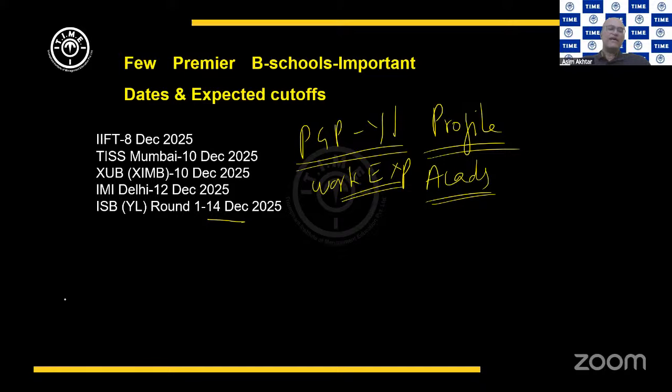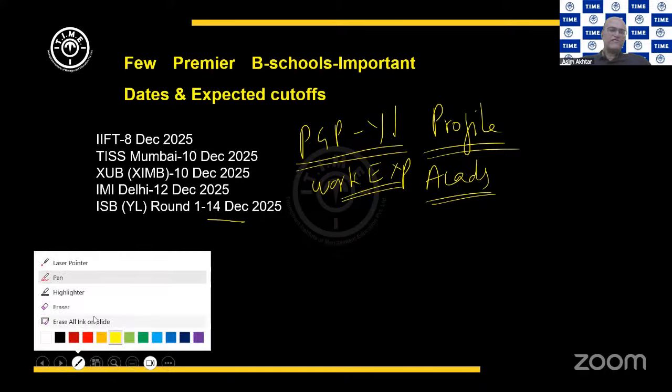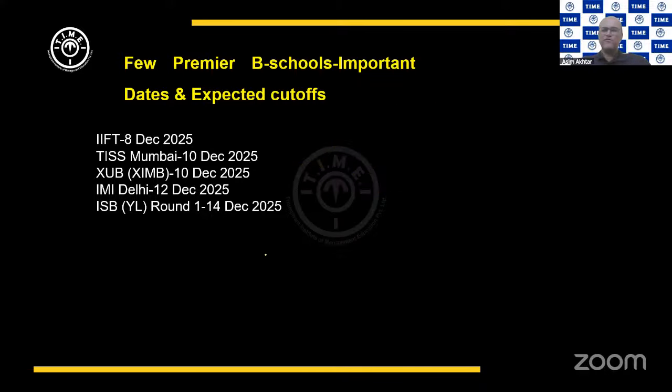Now, who should apply for ISB? I would say if you are somebody with a decent profile, you may not have extraordinary, but as long as you have a good profile and you are expecting around 96 percentile in CAT, I would encourage you to consider applying to the ISB-YL program.